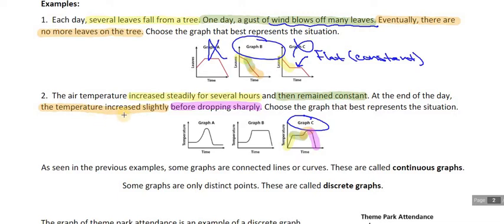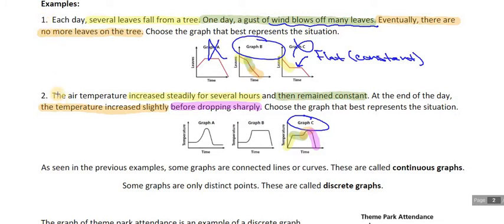All right, so hopefully for number 2, you selected graph C. Time is our x-axis. The y-axis is our temperature. So it's saying the temperature increased steadily for several hours, then remained constant, which is the green piece. The temperature increased slightly before dropping sharply. So graph C definitely represents that information.